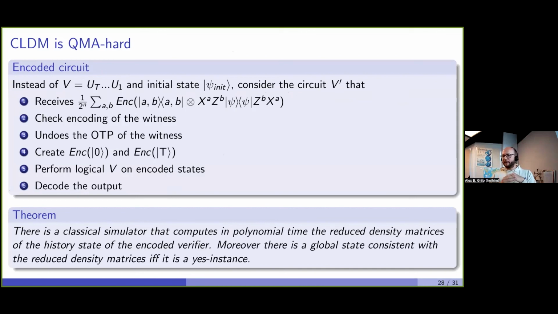This comes from checking the encoding and the one-time pad, these technical things, which make the global state mixed. One thing that could be better is, maybe with good codes or even with Steane codes but proving extra properties, that the global state is a pure state. It won't change too much for complexity theory or for cryptography, but I think it would be fundamentally interesting to understand if you can do that or not.